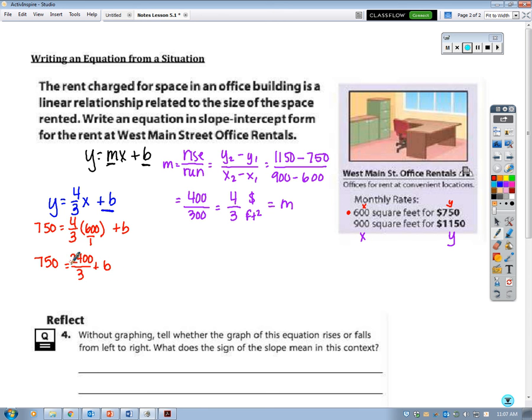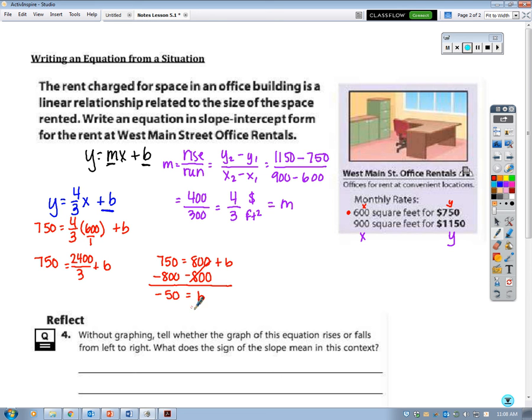I'm going to simplify this down, right? 24 divided by 3 is 8, so 2,400 divided by 3 is 800. So 750 equals 800 plus b. Do you guys see where those inverse operation practices are coming in now? So I'm going to subtract 800, minus 800 to solve for b. So that cancels out, and this is negative 50 equals b.